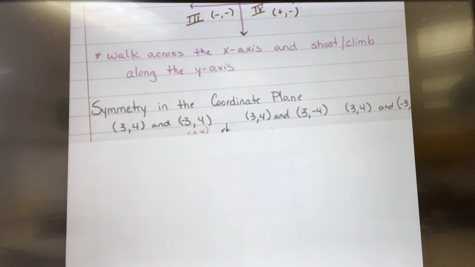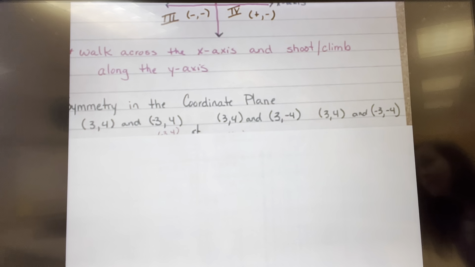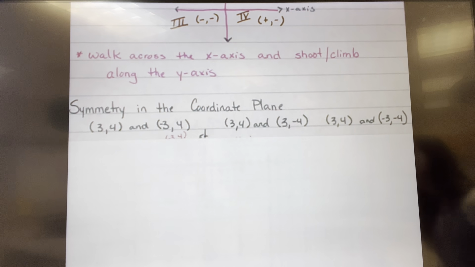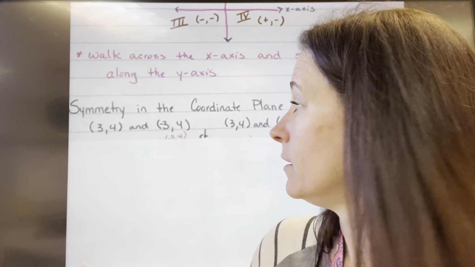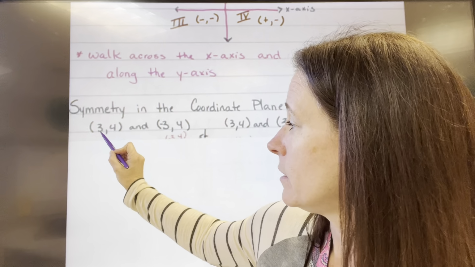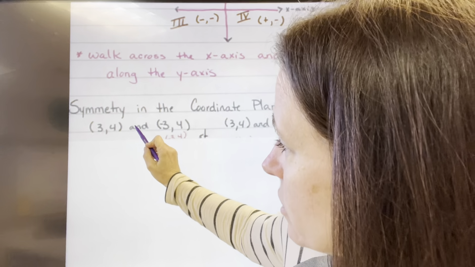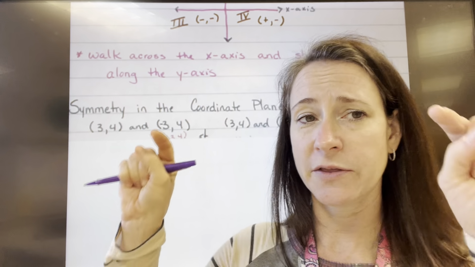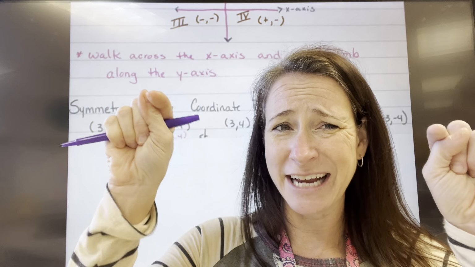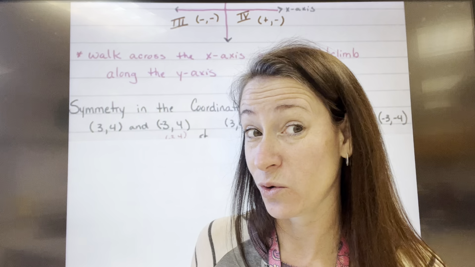All right, and something that we started discussing with our coordinate plane is that there is a lot of symmetry in a coordinate plane. A lot of symmetry. So if you have 2 points, okay, and they have the same integers, but the opposite value of those integers, like your x values are opposites of each other, you will note that they are in the exact same position in the coordinate plane, but just in different quadrants, which is kind of cool.